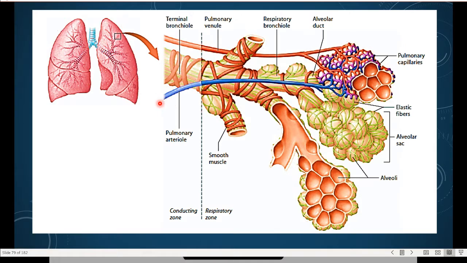Here's a pulmonary artery, and yes, it is called a pulmonary arteriole. It just changes names when it becomes smaller, but as you can see, it comes through here.